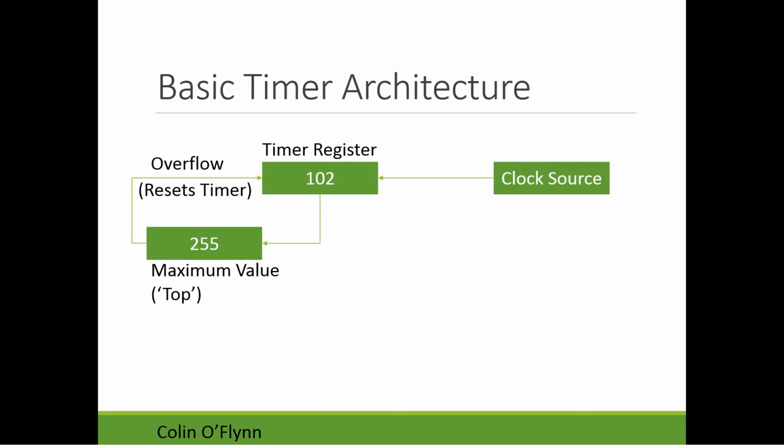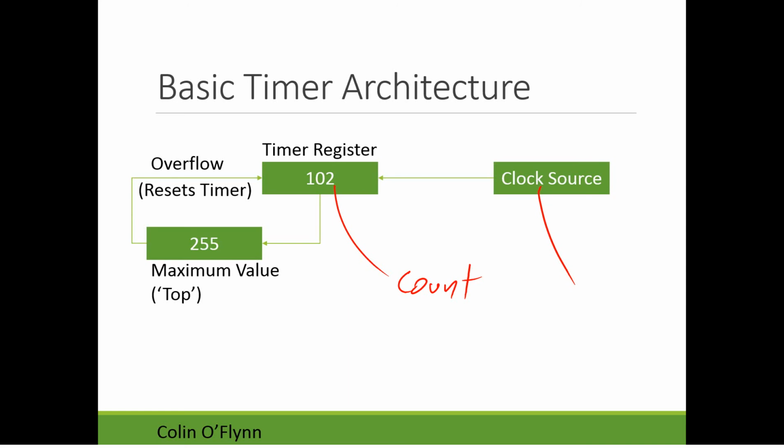All right, so expanding our previous timer block diagram just a tiny bit, we have the same idea of a timer register. This timer register has the count, and that count is, right now, just being incremented on whatever this clock source is. Your AVR has a crystal on it running at some known frequency.